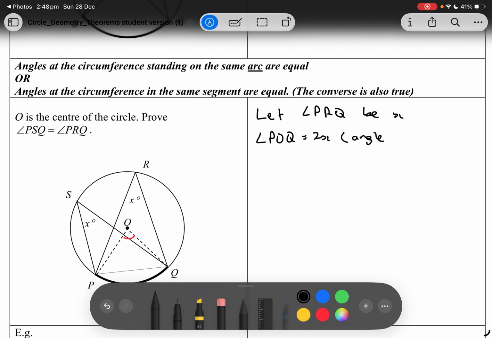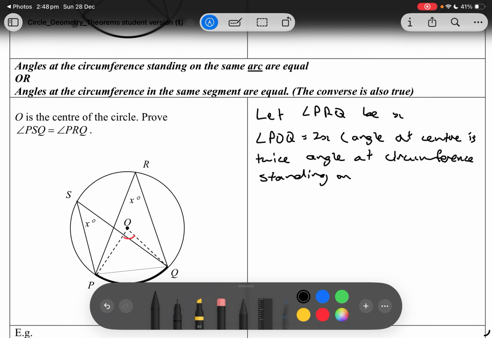So we know that the angle at the center is twice the angle at the circumference standing on arc PQ.